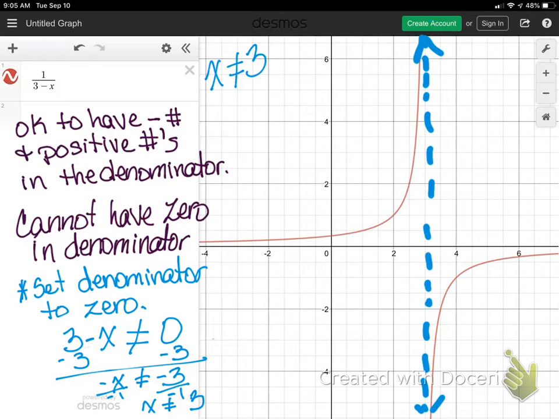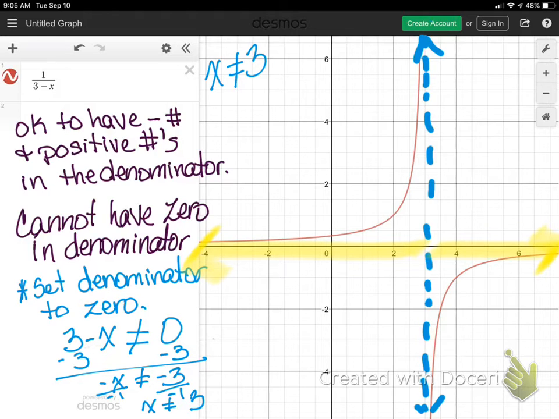Now, how do I write it in interval notation? Now, 3 is not included. So I'm going to start on the left-hand side. What is at the other end of that arrow on the left-hand side? What kind of infinity?